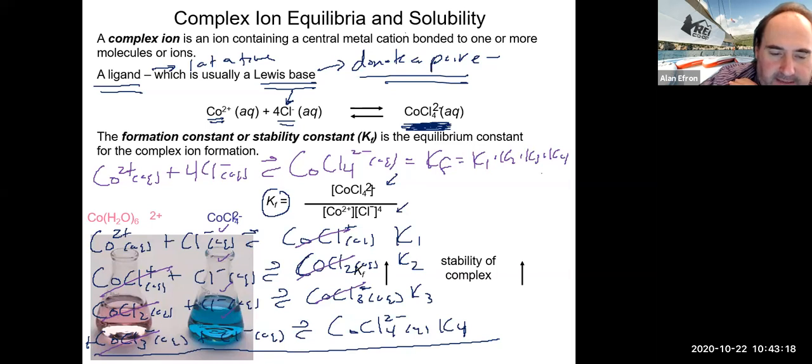There's a couple of examples of some of these cobalt guys, and you can see different ligands beneath my writing there. On the left-hand side is basically a cobalt with 6 waters attached. On the right-hand side, that's our cobalt with our 4 chlorides attached, and you can see some different properties there. One's pink and one's blue.